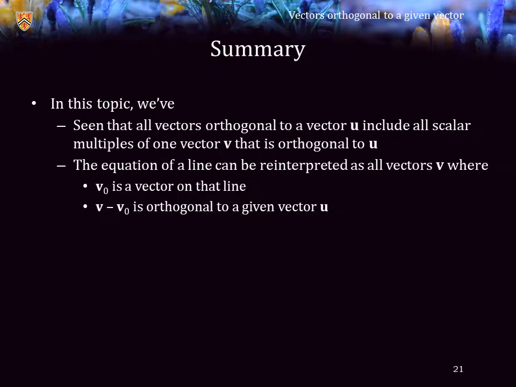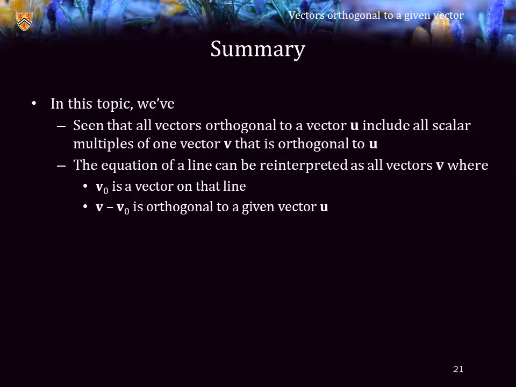Okay, in summary, in this topic, we have seen that given a two-dimensional vector u, all vectors that are orthogonal to this vector u include all scalar multiples of one specific vector v that we found.